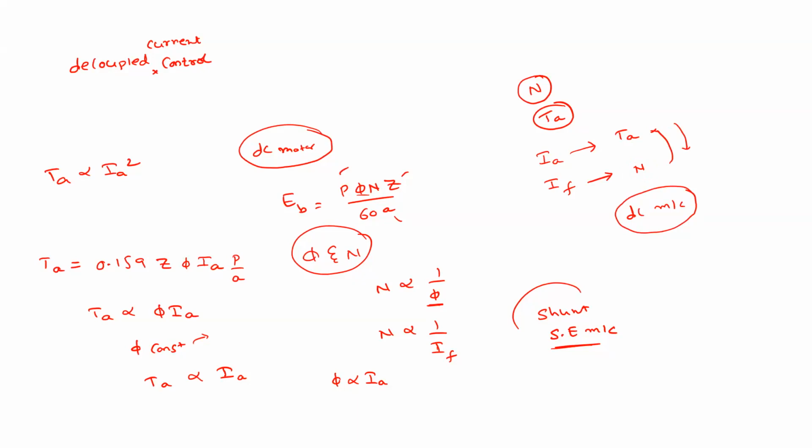Later, since there are disadvantages with DC machines, induction machines were invented. But even though they were invented, this decoupling was not possible in early days. There was no separate control for the torque and separate control for the flux.